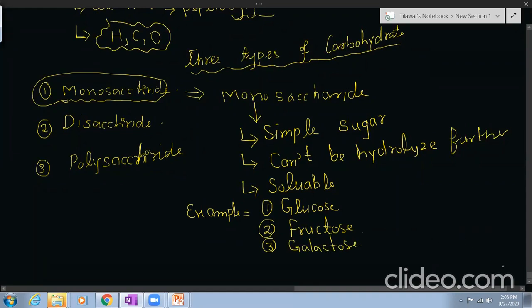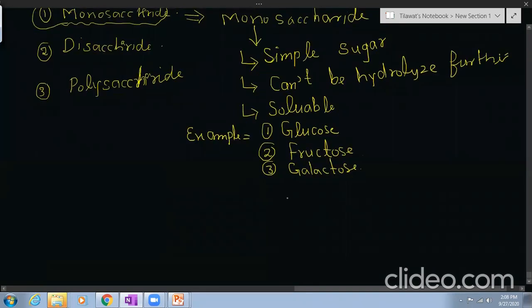Okay, these are the examples of monosaccharide.